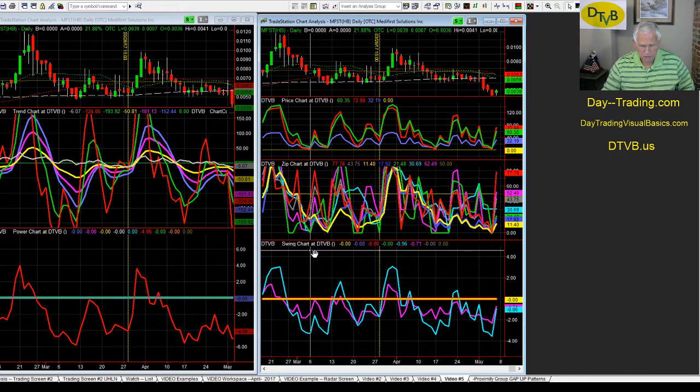You can see price green came down again, but in this case price green was at 10.9. So it did come down, but it didn't come down to 0, like it did over in this case. Oh no, excuse me, I read the wrong line. I read price green instead of zip green.